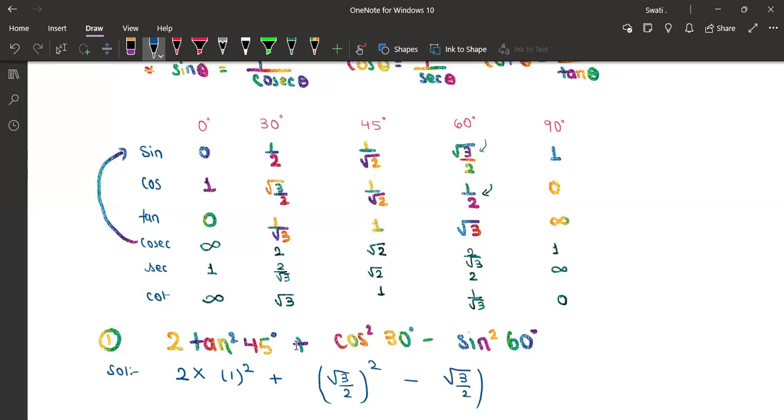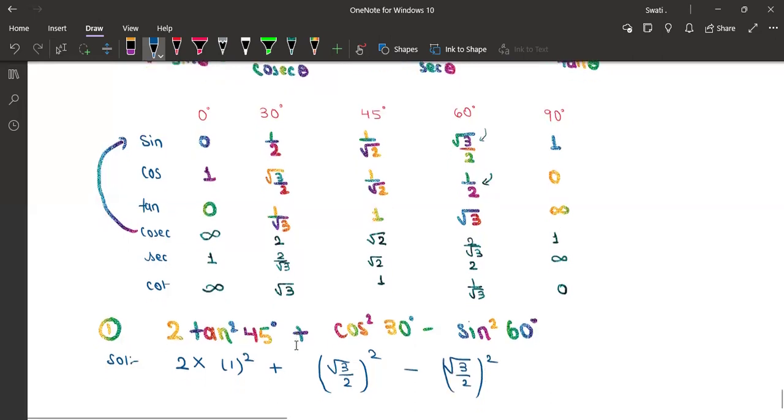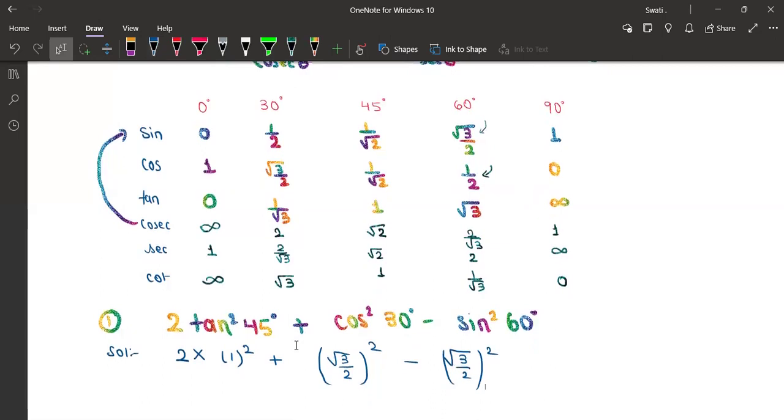And then square. Do you notice one thing, Manya? If you want, you can answer this in only one step. What can you notice? Root 3 upon 2 will get cancelled with each other. Very good.